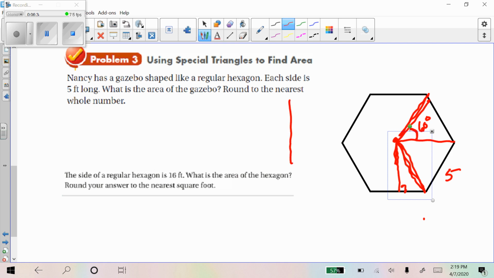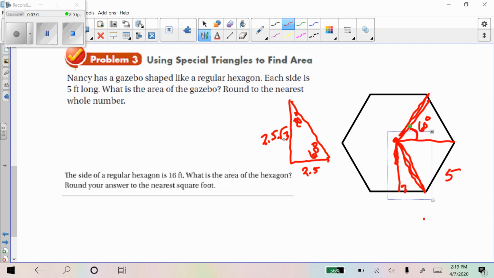I'm just going to draw that little triangle outside here so it looks a little better. So this is a 60-degree angle here, 30 up here. All right, and we know that this side down here would be 2.5 because it's half of the side length. All right, and so the height, which is the apothem, is 2.5 times the square root of 3.